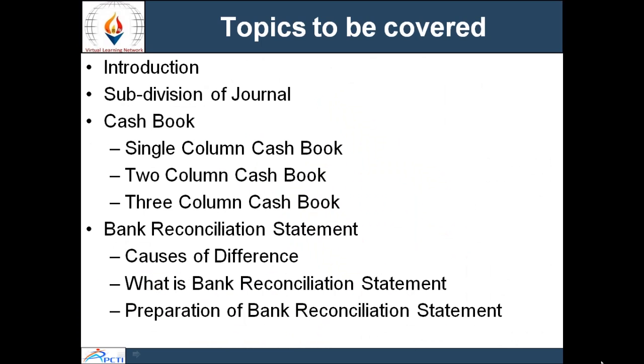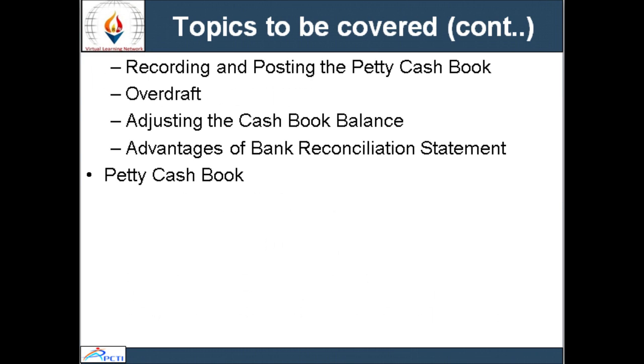The topics which we are going to cover are: introduction, subdivision of journal, cash book, single column cash book, 2-column cash book, 3-column cash book, bank reconciliation statement, causes of difference, what is bank reconciliation statement, preparation of bank reconciliation statement, recording and posting the petty cash book, what is overdraft, adjusting the cash book balance, advantages of bank reconciliation statement, petty cash book.